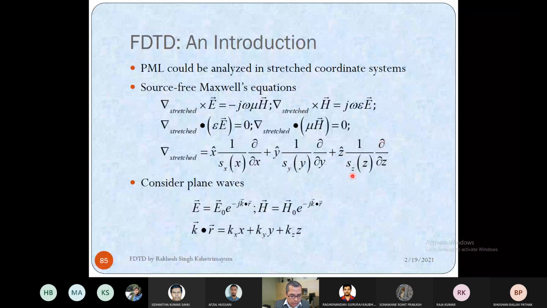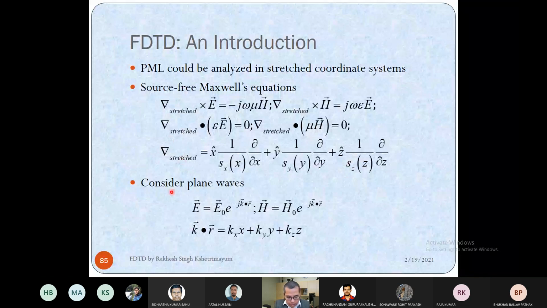So I have divided by one scale factor here: sx for the x-axis, sy for the y-axis, and sz for the z-axis. So this is the stretched del operator.